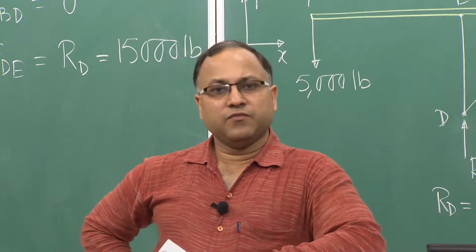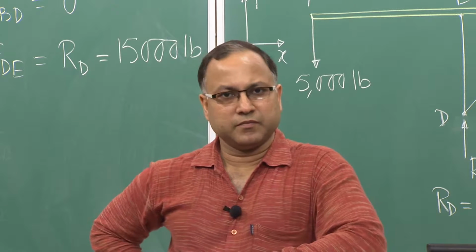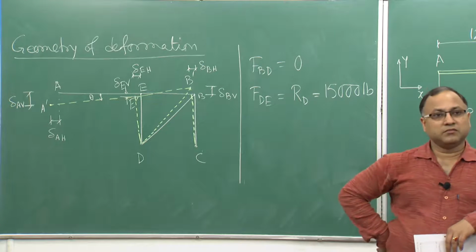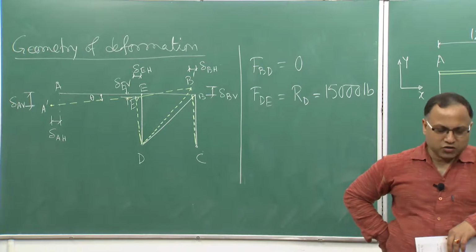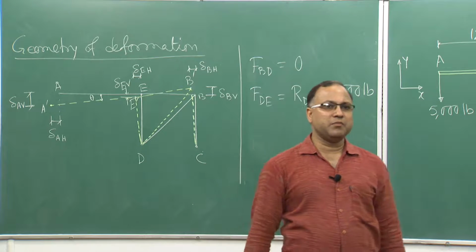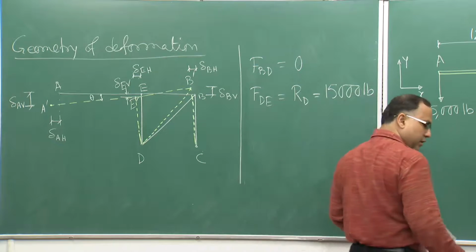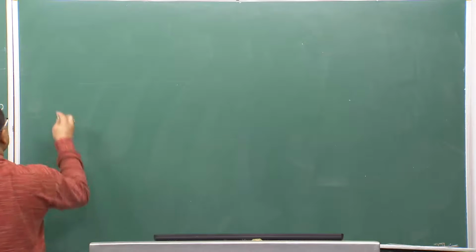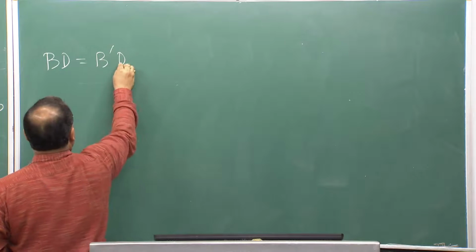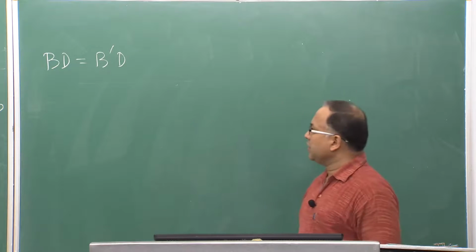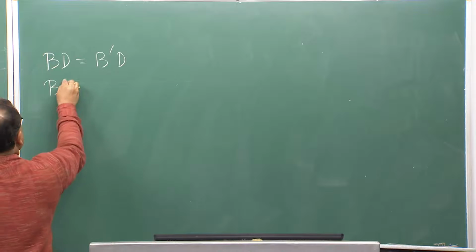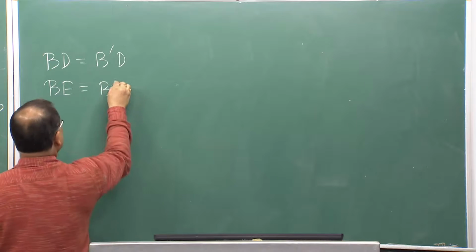If member BD is not carrying any force, then there is no deformation in member BD, so BD must be equal to B prime D. The length of member BD must be equal to the length of member B prime D, and similarly BE must be equal to B prime E prime.